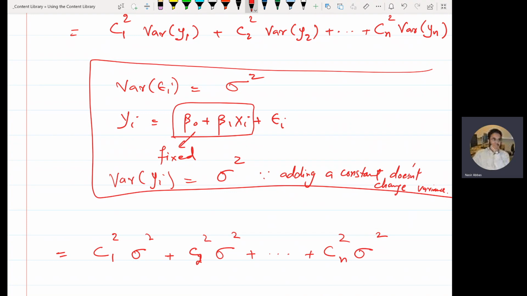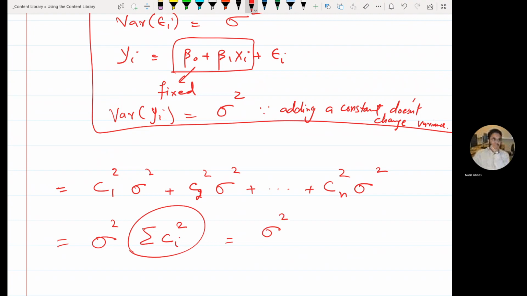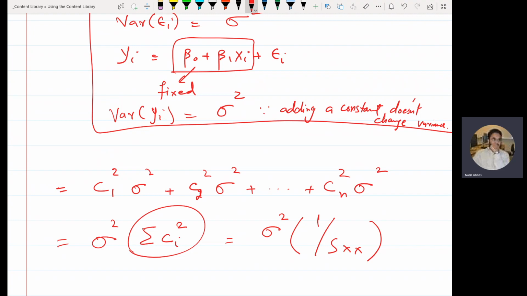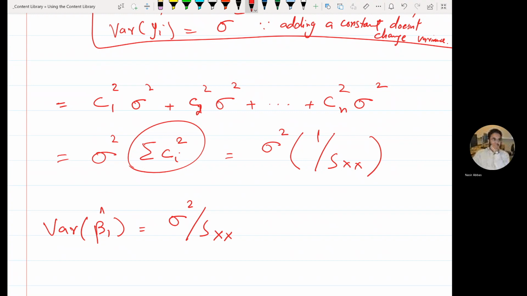Take sigma square common, what will you get? What is summation ci square? It is 1 over sxx. So finally, your variance of beta 1 hat is sigma square over sxx, theoretically.